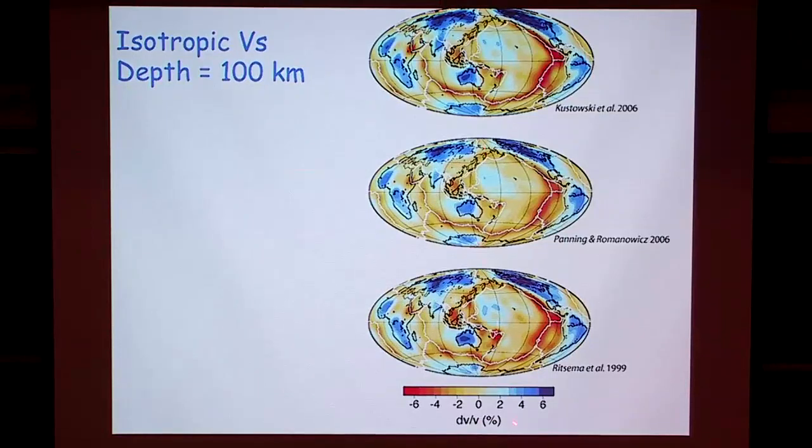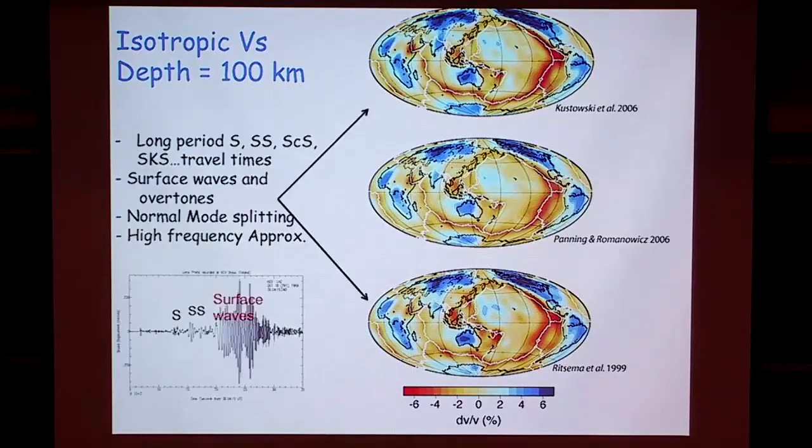So these are 3 models developed by different groups using different data sets. The top and the bottom ones have used a combination of surface wave overtones, normal mode splitting, long period body waves, different types of long period S waves, S, SS, ScS, SKS, etc. This one was actually built entirely using waveforms, and I will talk about this later.